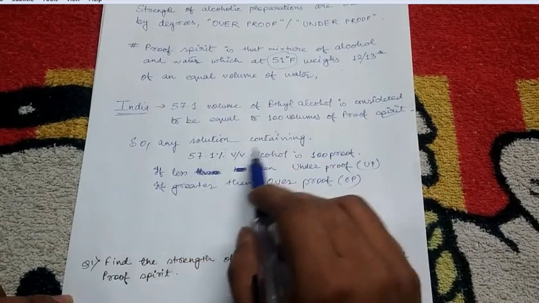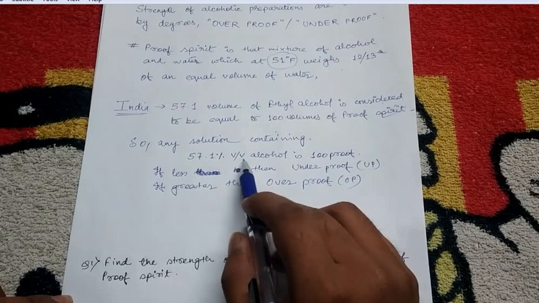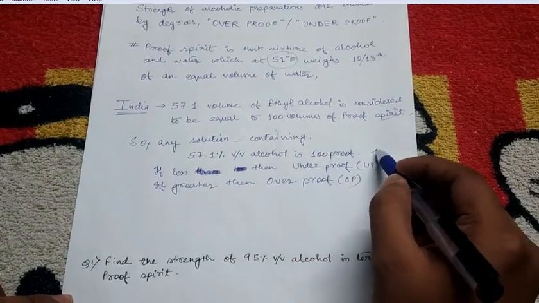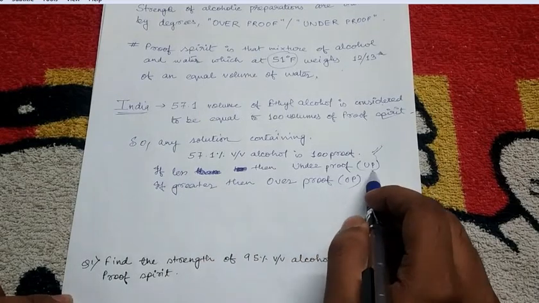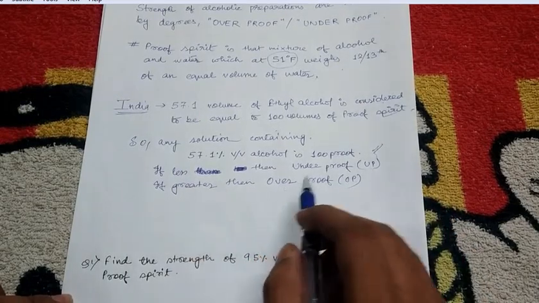So any solution containing 57.1% V by V alcohol is 100 proof. If less, then it is underproof. If greater, then it is overproof.